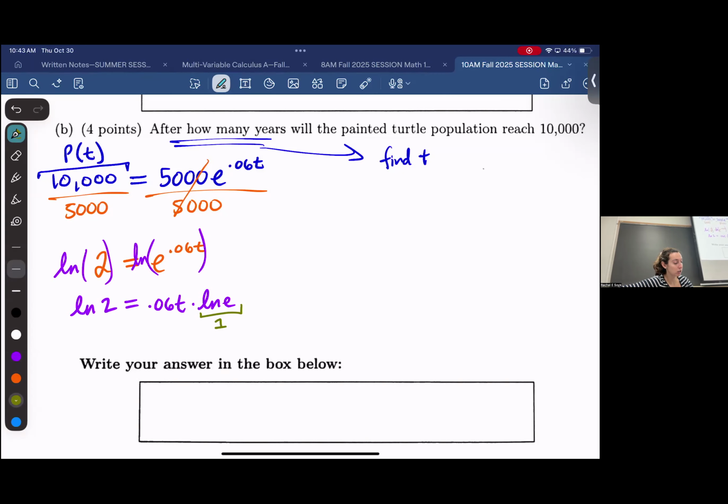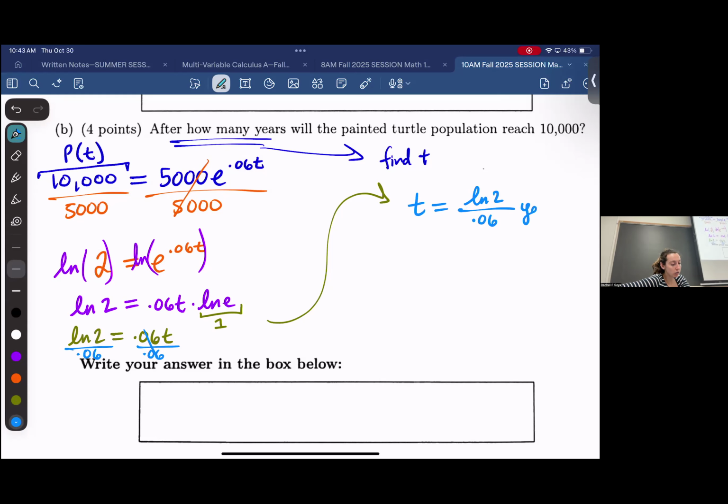So we're really just looking at ln of 2 is equal to 0.06t, which we could turn into a fraction. I'll show you guys both ways. And then the last step is to divide both sides by 0.06. So if you kept it in decimal form, you could have had t equal to ln of 2 over 0.06 years. Make sure you put in those units.